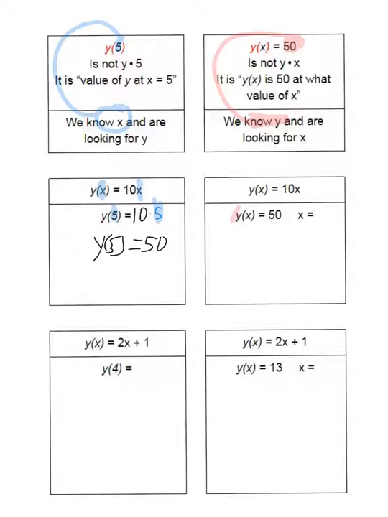So they're giving you the y here, and then what we want to do is figure out what the x is. And so what we do in this situation is we write out the equation. Notice here, we still don't know what x is.